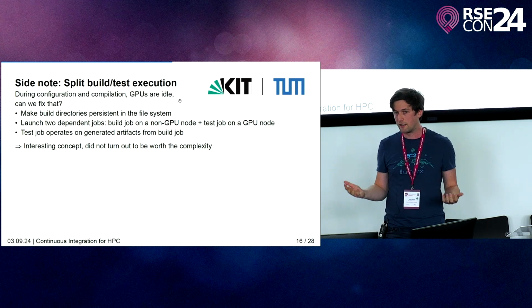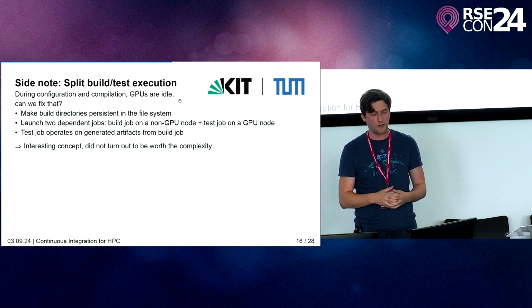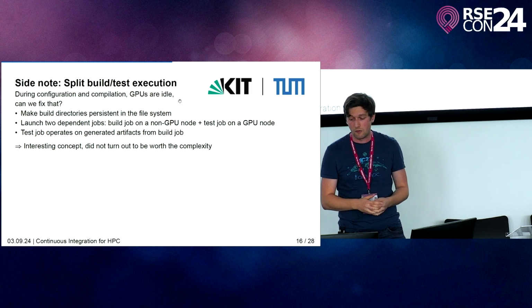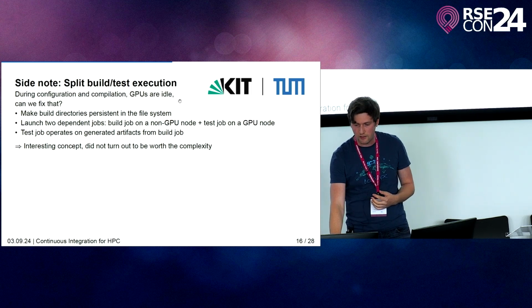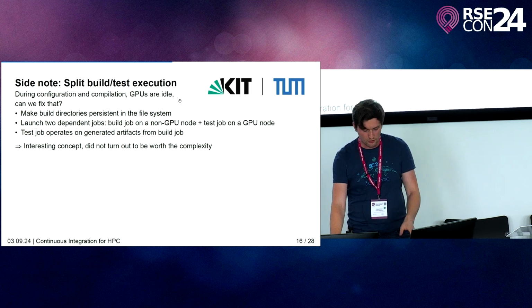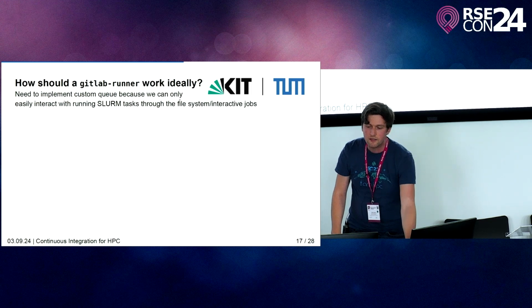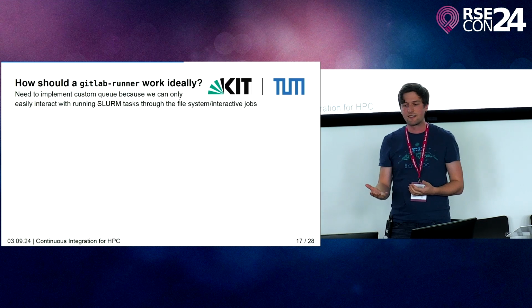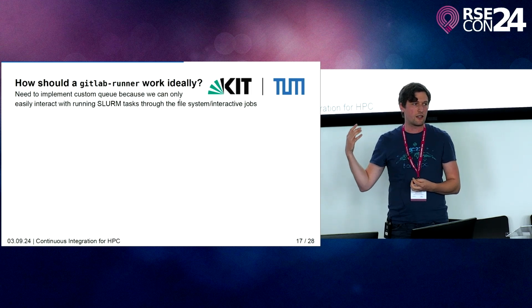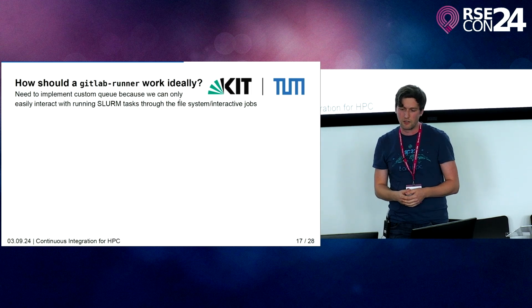So this was an interesting concept, which also worked quite well in some cases, but we are now moving to a different approach. What is the cleanest way that I could have a GitLab runner interacting with the Slurm queue?